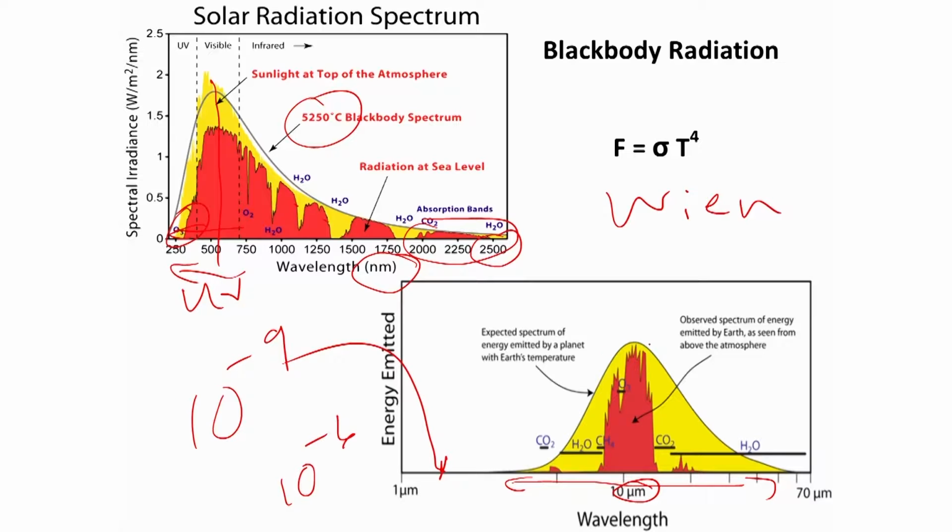Again, that is the Planck function or Wien's maximum temperature distribution, and you can see that the absorption of the outgoing long wave is very strongly affected by ozone, water, carbon dioxide, and so on. This is what the essential greenhouse effect is.